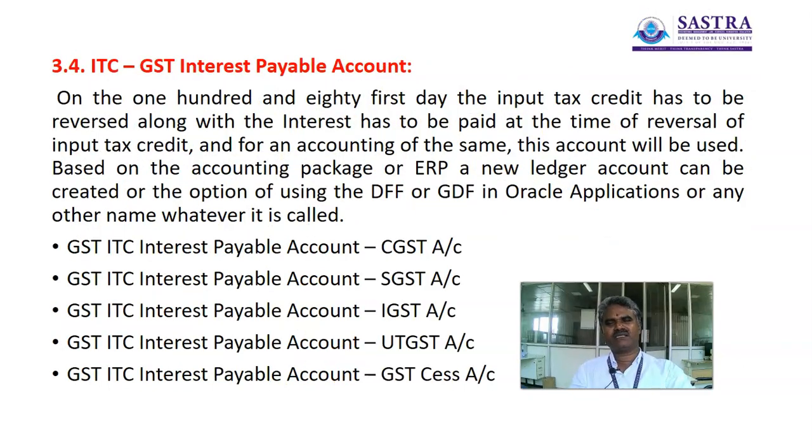Then ITC, GST interest paid. As you already know, when you delay payment of tax, you have to pay 18% interest, which we discussed so far. So there is interest on delayed payment of CGST, SGST, IGST, UTGST and GST cess. Interest is charged for all of them, not only for GST.